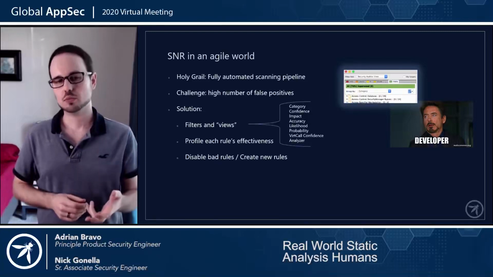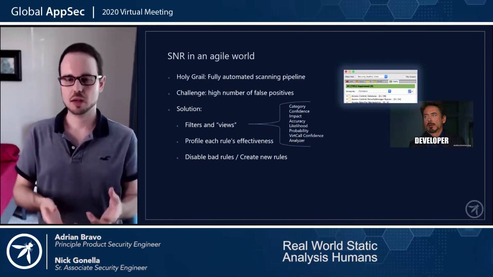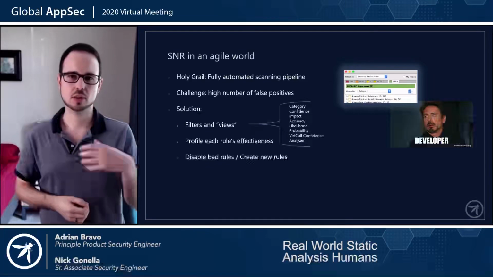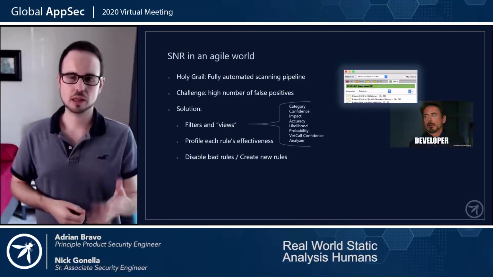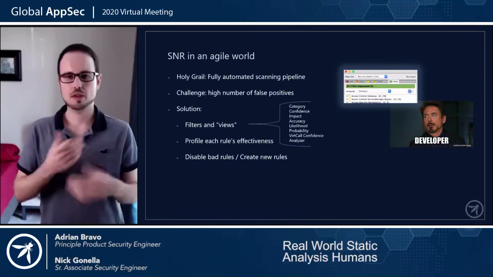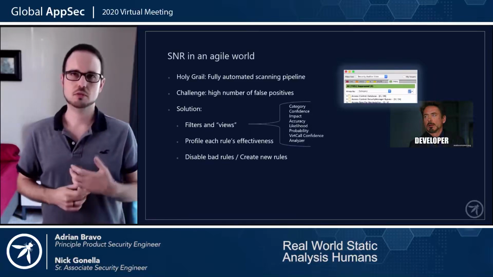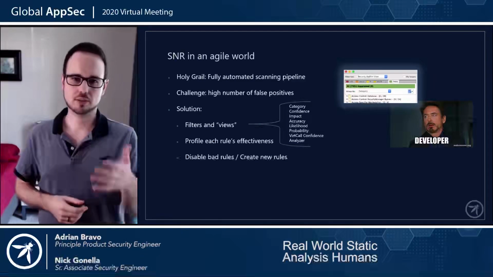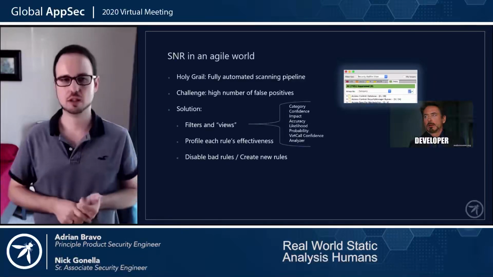Or you can add custom rules to enhance the amount of findings the tool can find, right? You can talk about specific libraries or functions in your own company that you may want to raise an issue about if user data gets into those, right?